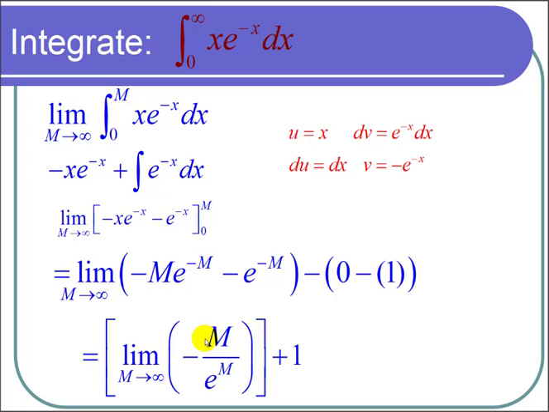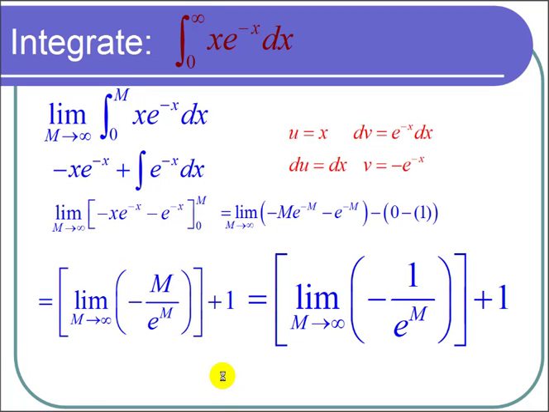So I can rewrite all this as the limit as M goes to infinity of negative M over e to the M, and then a minus 0 minus 1 is the same as plus 1. Now when I plug in, I get infinity divided by infinity, and I can use L'Hopital's rule on that.